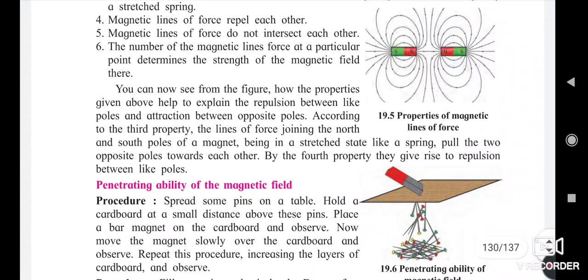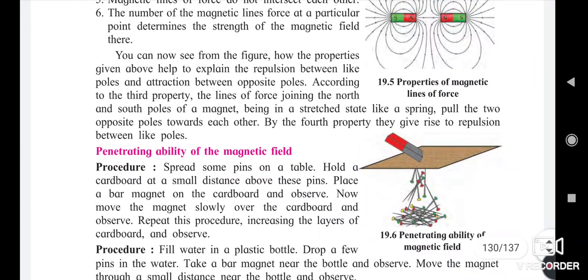The penetrating ability of the magnetic field. The procedure is: spread some pins on the table, hold a cardboard at a small distance above these pins, place the bar magnet above the cardboard and observe. Now move the magnet slowly over the cardboard and observe.